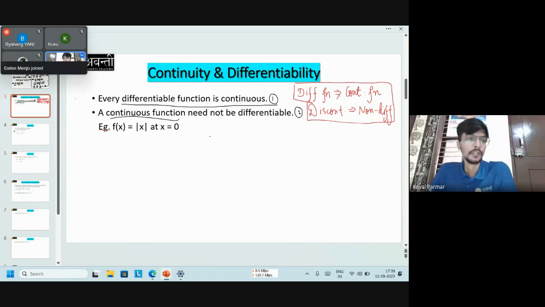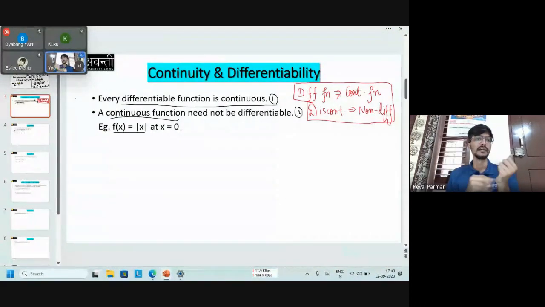Right? So let's look at this example. Here we have been given f of x equals mod x, at x equal to 0. So till now we have been checking algebraically. We saw in the last example how we used algebra for seeing differentiability, like basically calculating LHD and RHD.